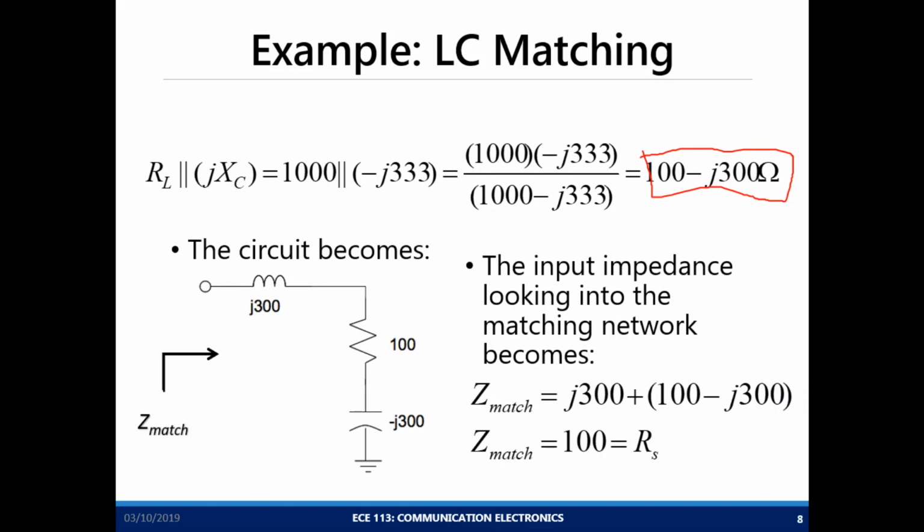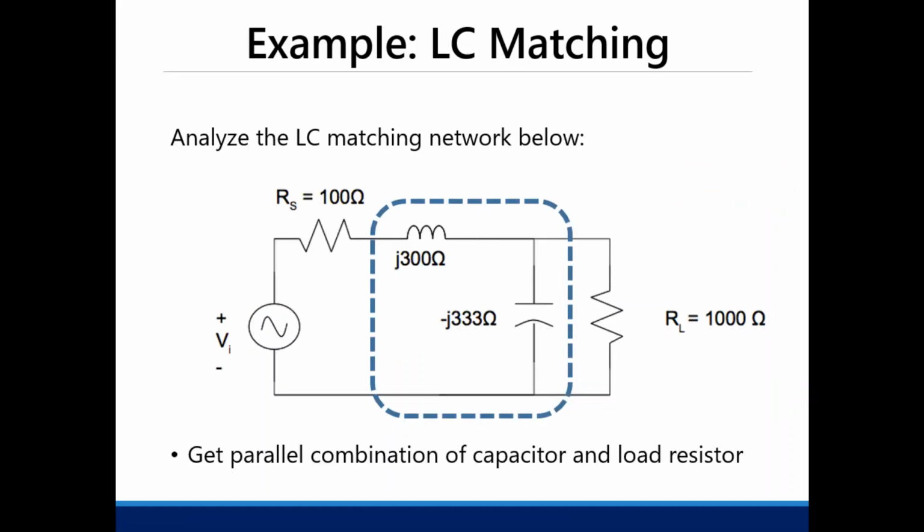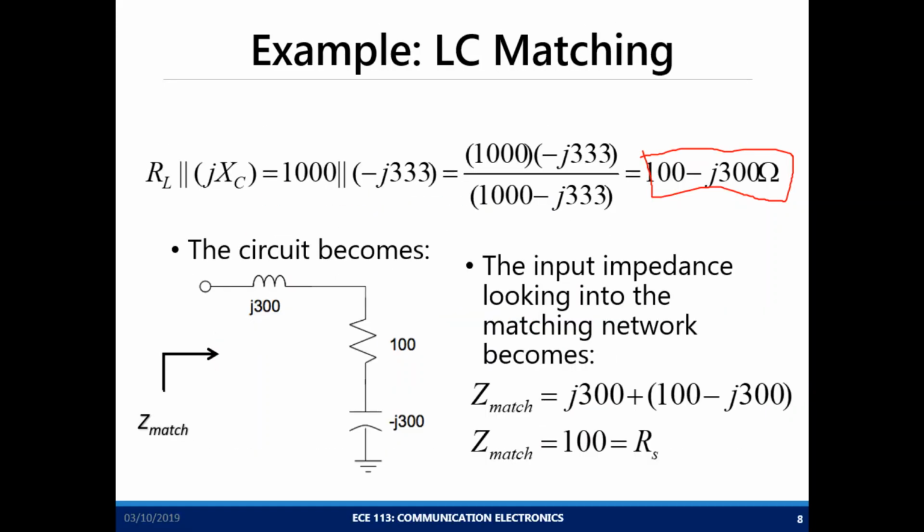So this 100 is matched to the 100 ohm source resistance, and the 300 ohm reactance of your inductor will cancel out the effect of the capacitor. Since this is a series LC, it becomes a short circuit, and you're only left with your 100 ohms connected to your source resistance. So now your network is at maximum power transfer.